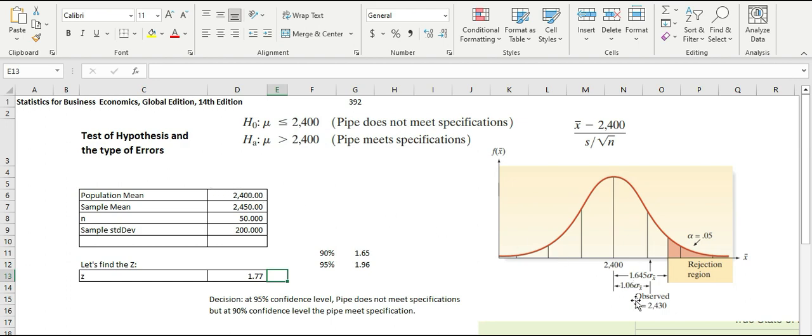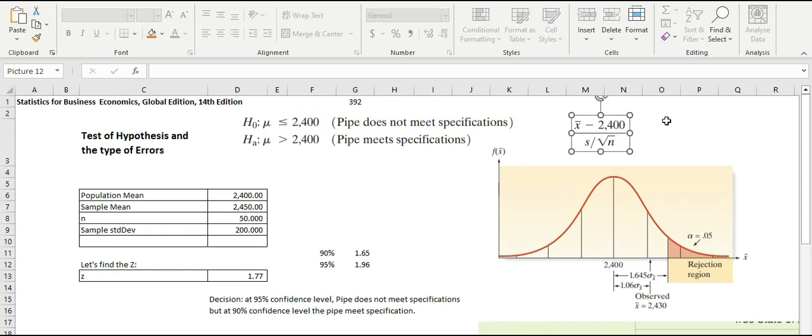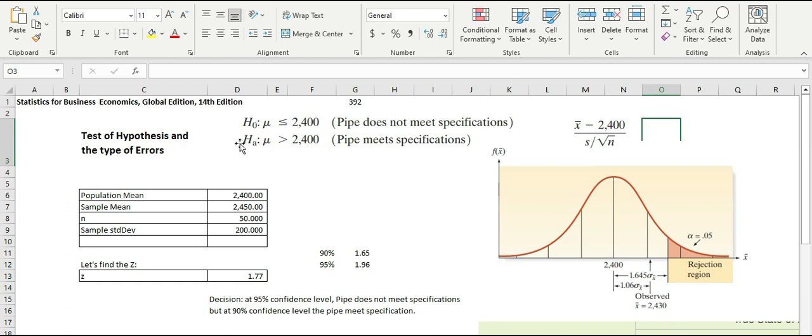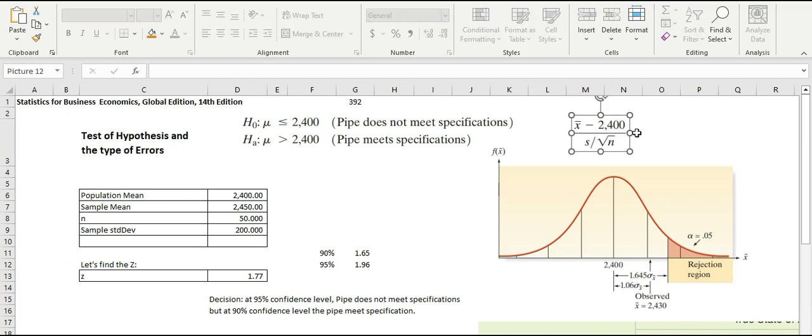The X here is the sample mean, and the 2,400 is the parameter for a certain manufacturing of pipes, the desired population mean. The S here is the standard deviation, and the n here is 50. Here we can also see the mound shape.